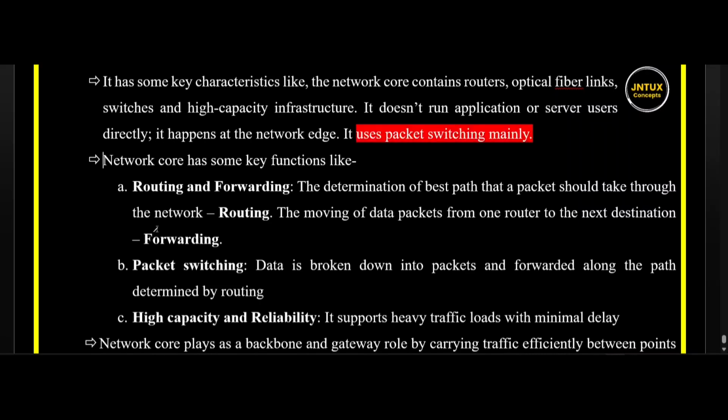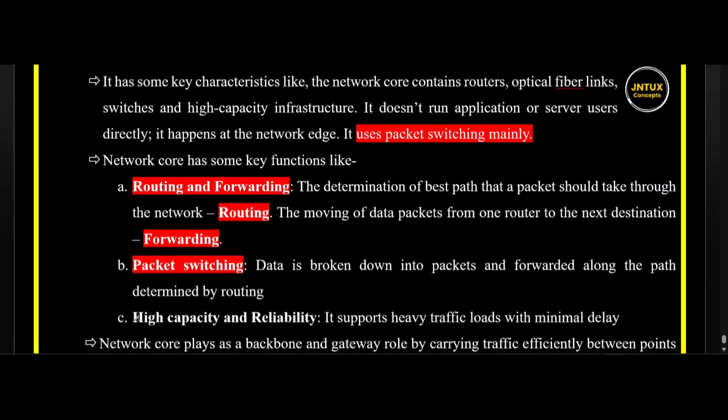Network core has some key functions like routing and forwarding. The determination of the best path that a packet should take through the network is routing. The moving of data packets from one router to the next destination is known as forwarding. Packet switching: data is broken down into packets and forwarded along the path determined by the routing.